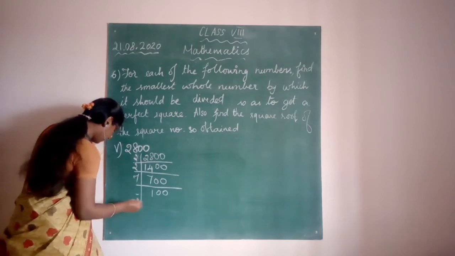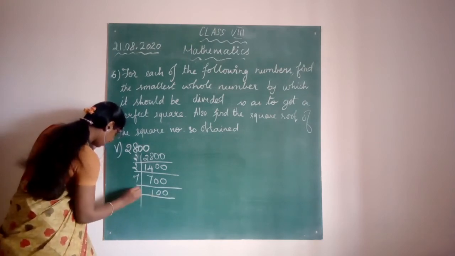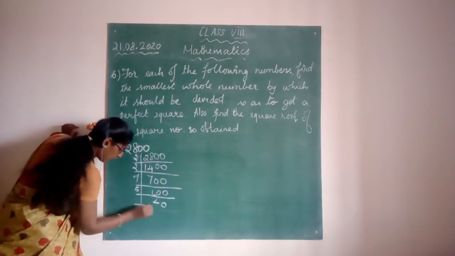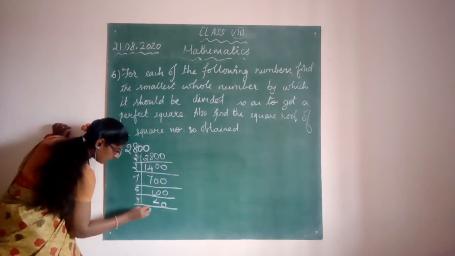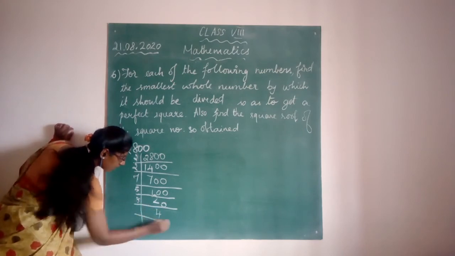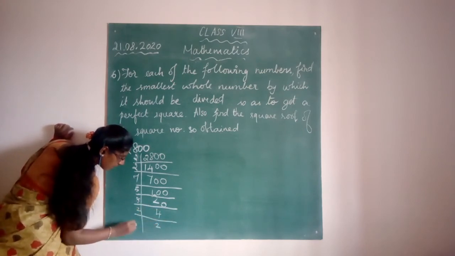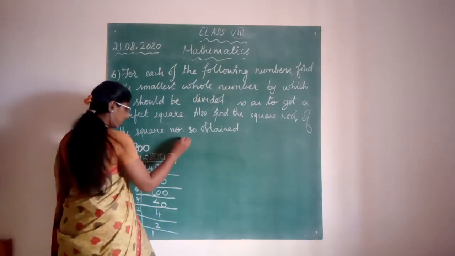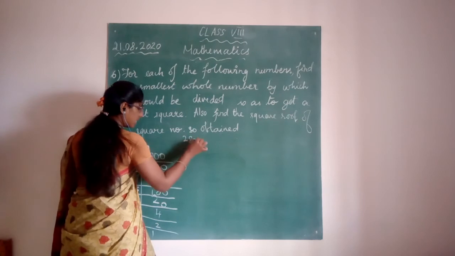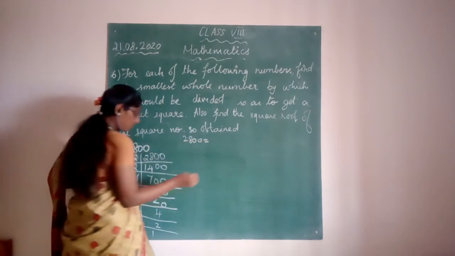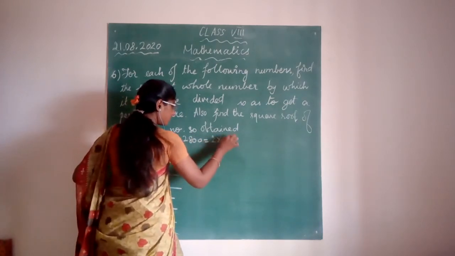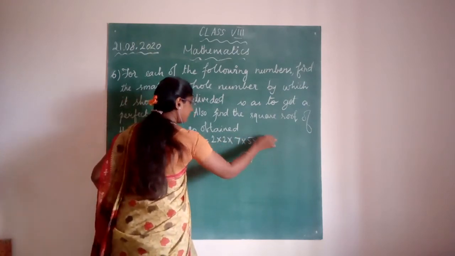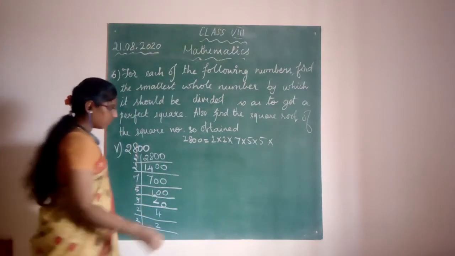Now go with the 5 table. 5 twos are 10, 20. Then you have 5 fours are 20. Then you have 2 twos are 4, and at last you have 2 ones are 2. Then you can write 2800 as 2 into 2 into 7 into 5 into 5 into 2 into 2.